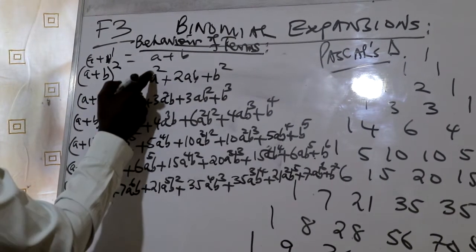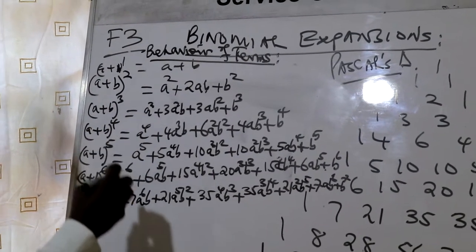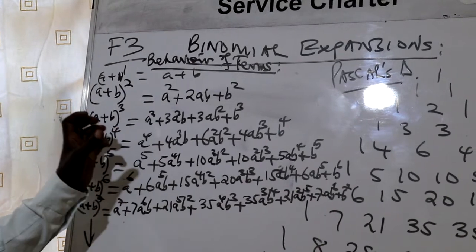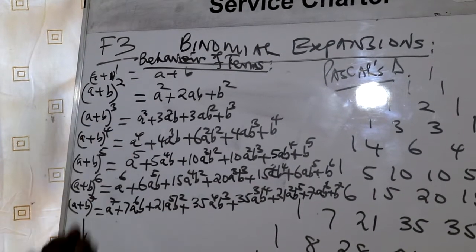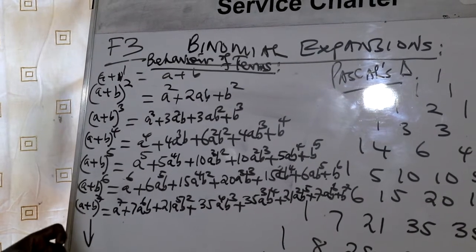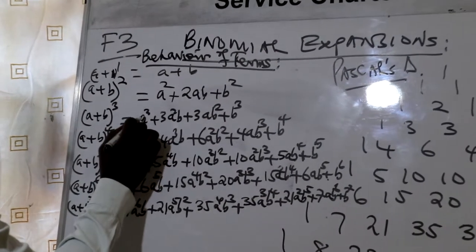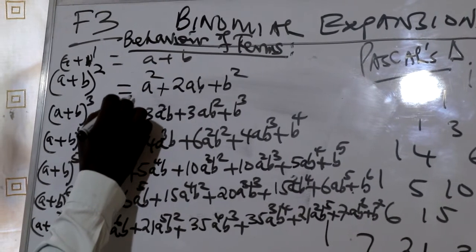And in the first term, you realize B is also not there. When we are dealing with indices, a power 0. When we raise any number to 0, that number will just be 1. And the 1 multiplied by any number will just be that number. So this one means that at this point, when we have no B, B is raised to 0.